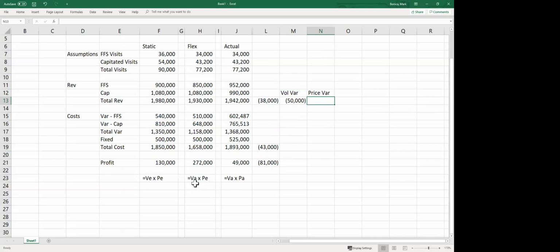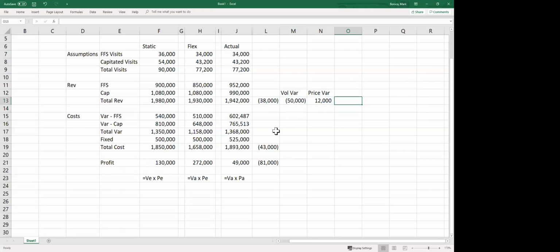Well, that's these two, because flex and actual both use actual volume, but flex uses expected price, and actual uses actual price. So we take the actual revenue minus the flex revenue, and that gives us our price variance. And then to double check, we can add the two together, and they should add up to our revenue variance, and voila, they do.